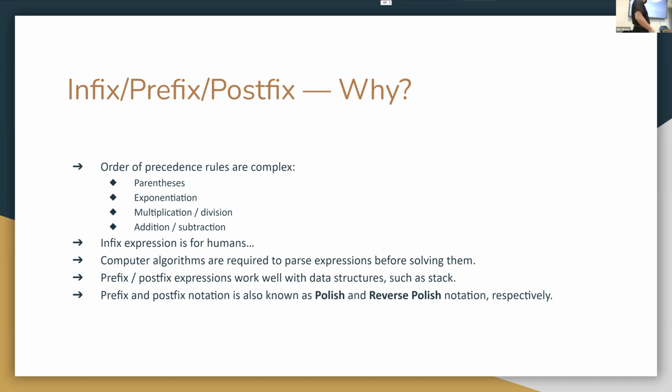And also they work well with some data structure. Data structure meaning that in computers, everything is binary. We talked about that. So everything is just bits.